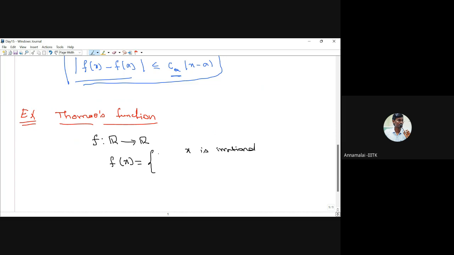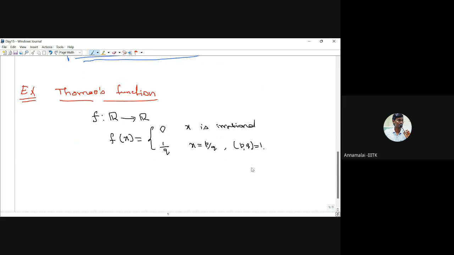If x is rational, then it is of the form p by q, and we define f of x as 1 by q, provided the GCD of p and q is 1. So for irrationals, it takes 0. For rationals, it goes to 1 by q, where q is the denominator of the rational. So this function is called the Thomae function.